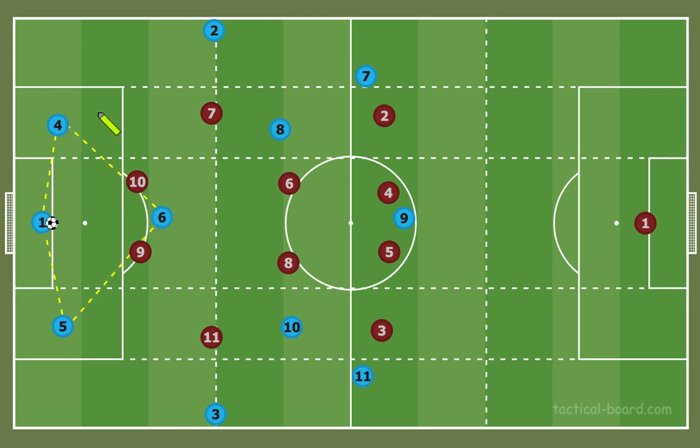Now, a lot of teams have been going with double pivots. I think that's more effective against the front 3, but it also is more effective to go with a double pivot to decrease the amount of space between the first and second line in terms of passing distance, because it allows the ball to move quicker and allows the ball to change direction faster.